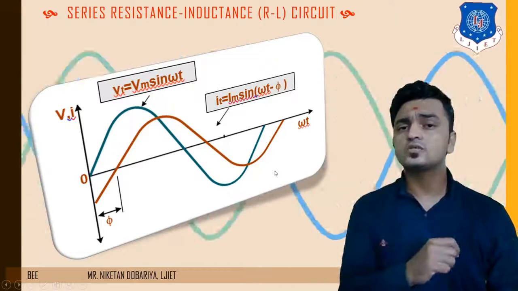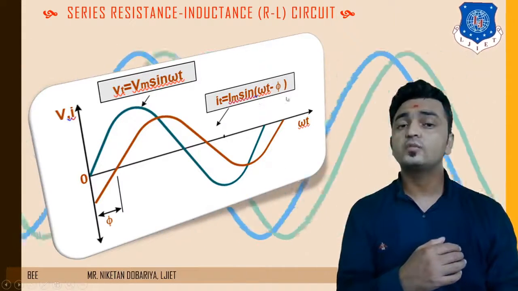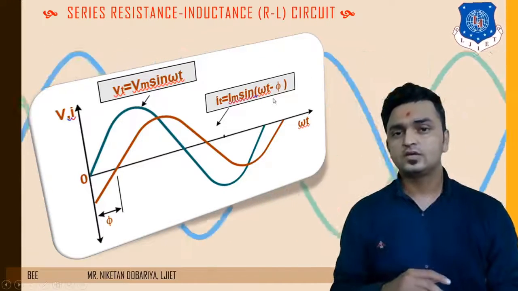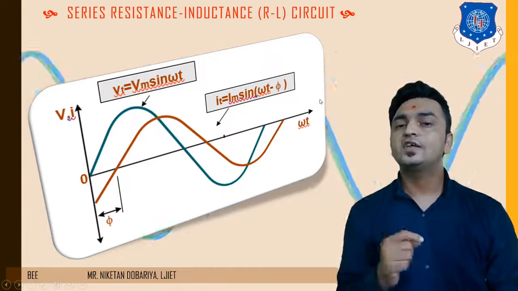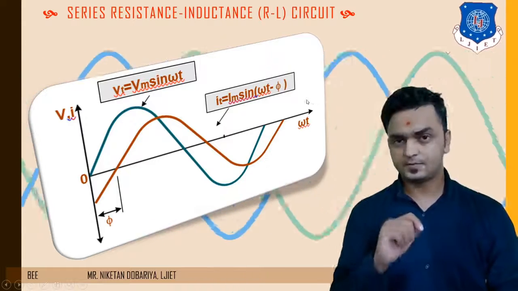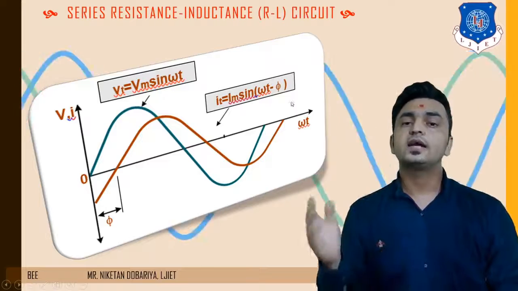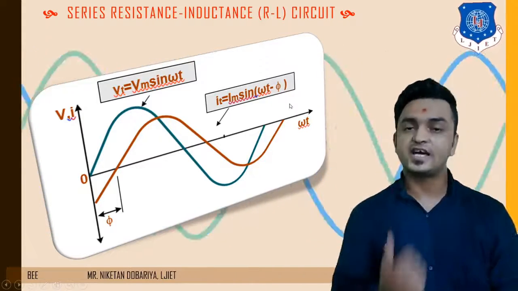Similarly, if you observe the equation of current, the angle is omega t minus phi. So after omega t we have a minus phi, and that defines the phase angle of current. And we know that when we have a minus angle, the waveform starts after 0 in the positive x-axis direction.